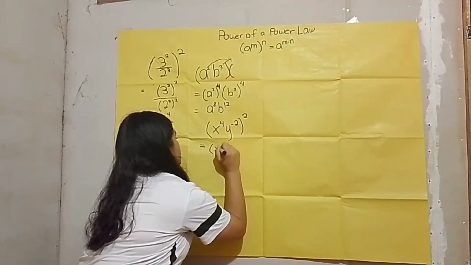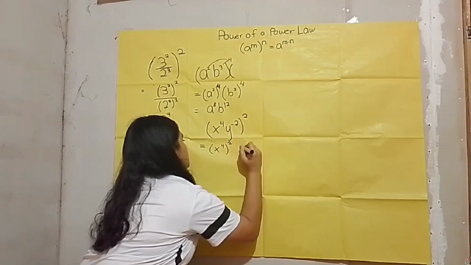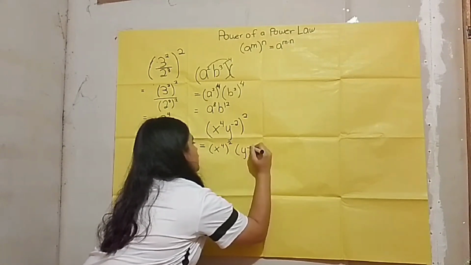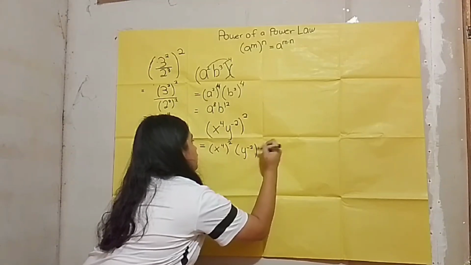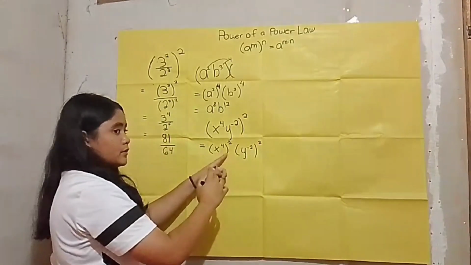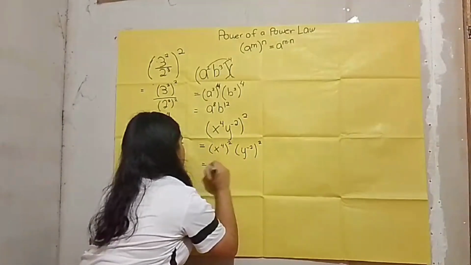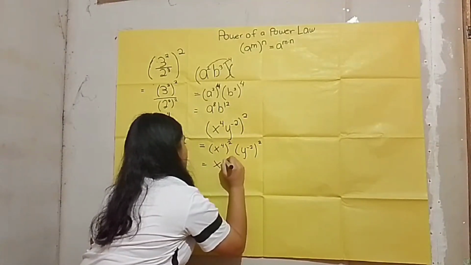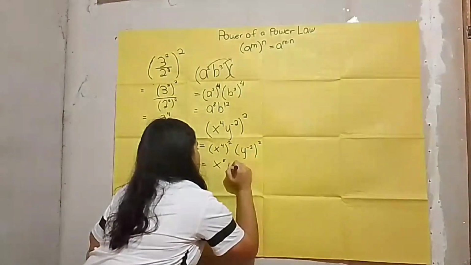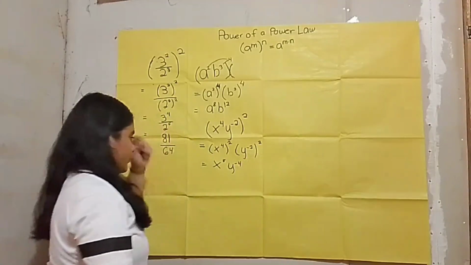So x to the power of 4, parenthesis to the power of 2, and y to the power of negative 2, parenthesis to the power of 2. And then multiply the exponents. 4 times 2 equals x to the power of 8. And negative 2 times 2 equals y to the power of negative 4.